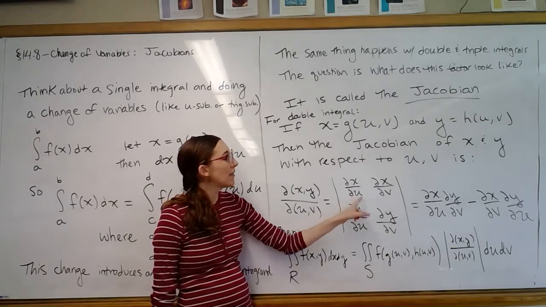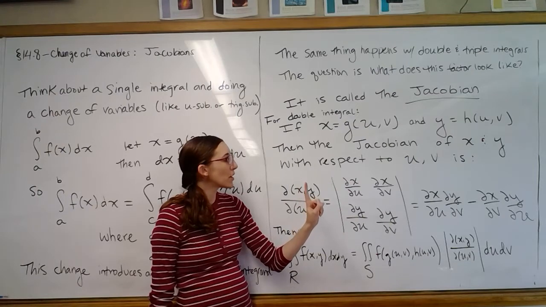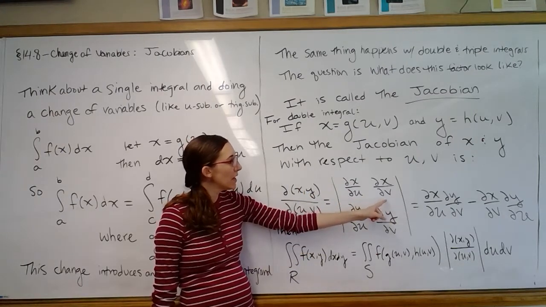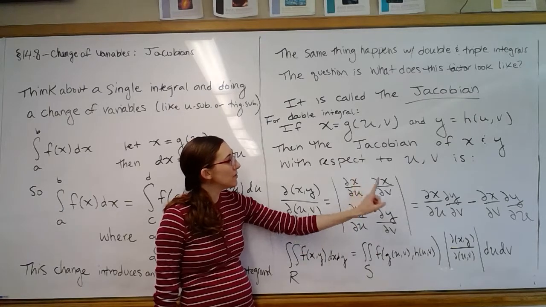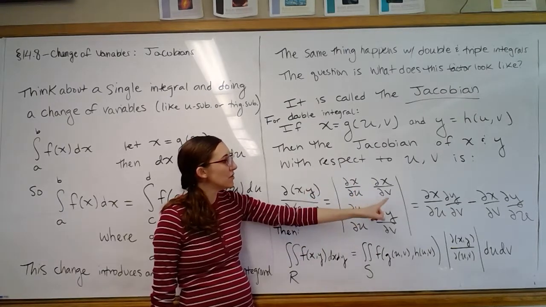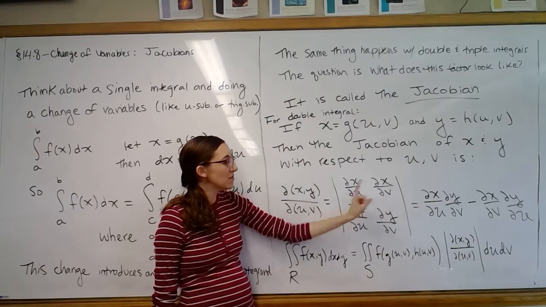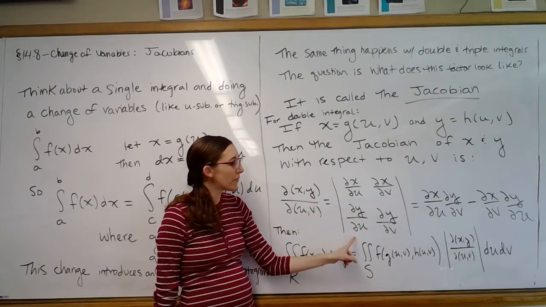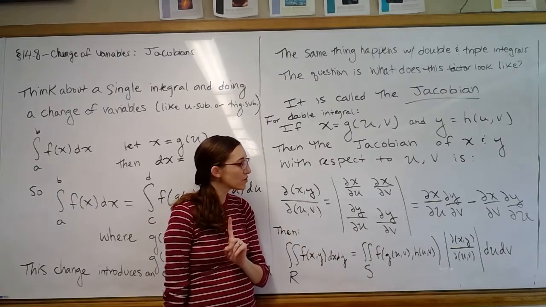On the top row we've got the two partials with respect to x, in the order of u, v: the partial of x with respect to u, and the partial of x with respect to v. In the second row, we've got the partial of y with respect to u, and the partial of y with respect to v.